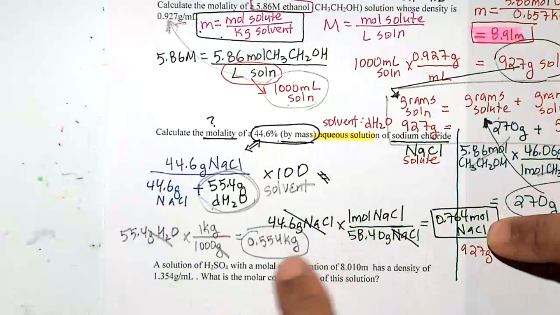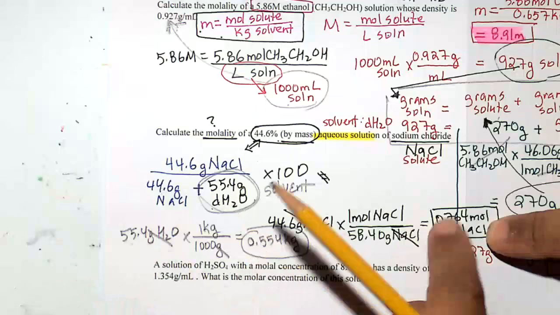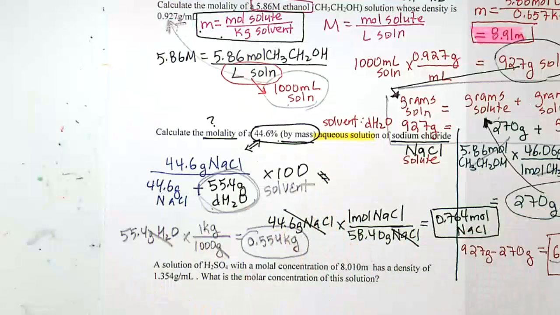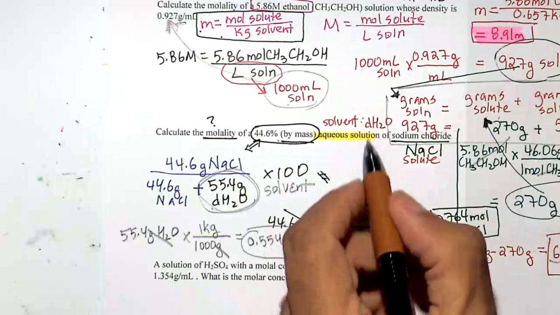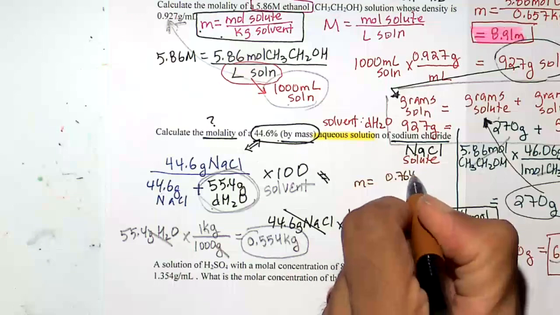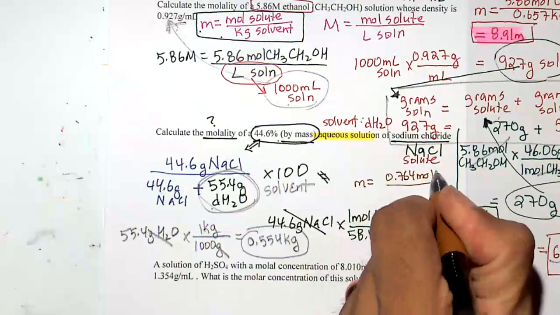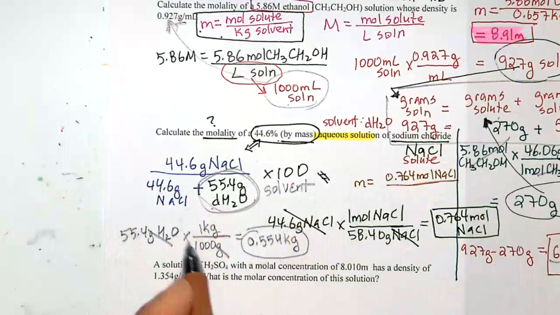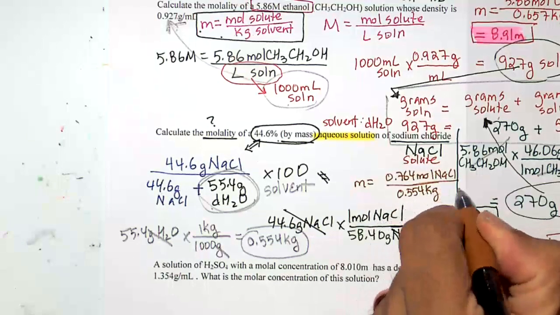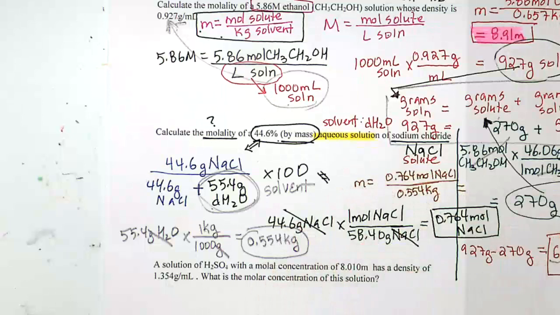Moles of solute, kilograms of solvent, and let's divide those two. So our molality is going to be 0.764 moles of NaCl divided by 0.554 kilograms.